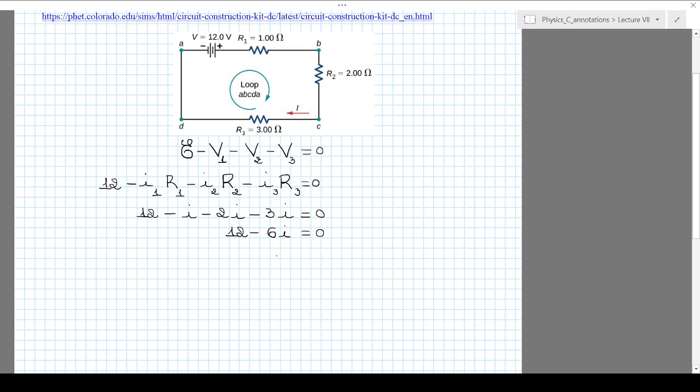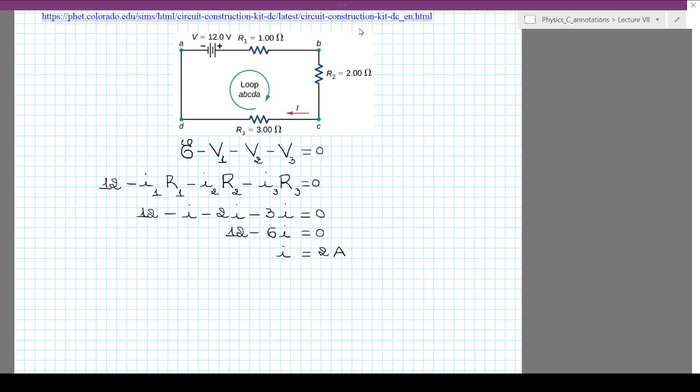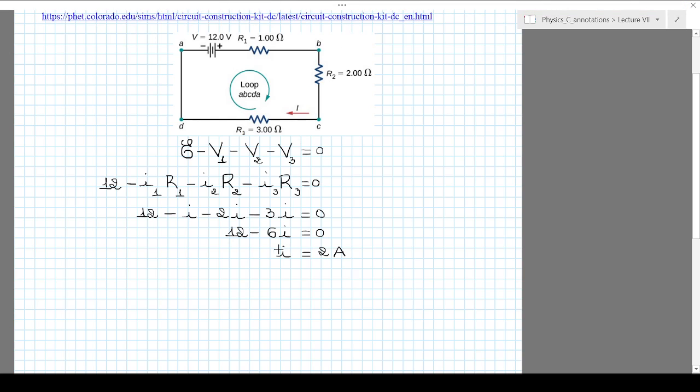That means the current here is going to be 2 amperes. Let's highlight this result here, guys. And this is Kirchhoff's method that we use to solve this circuit. I'm going to put this here as method 1.